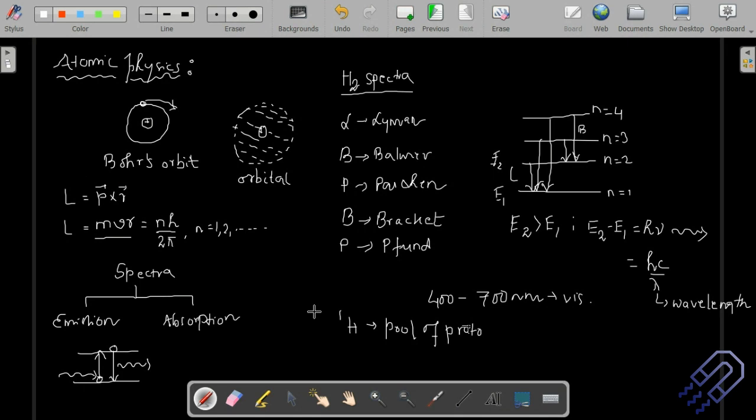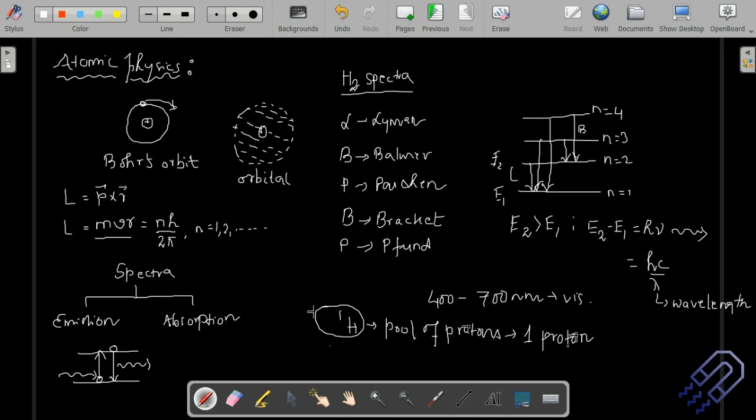In fact, in nuclear physics, if someone needs a beam of protons, they simply use hydrogen atoms, because you don't have to do any kind of extraction. It is easily available, and you can use it as a pool of protons. That is the beauty of the hydrogen atom. You can just consider it to be a proton.